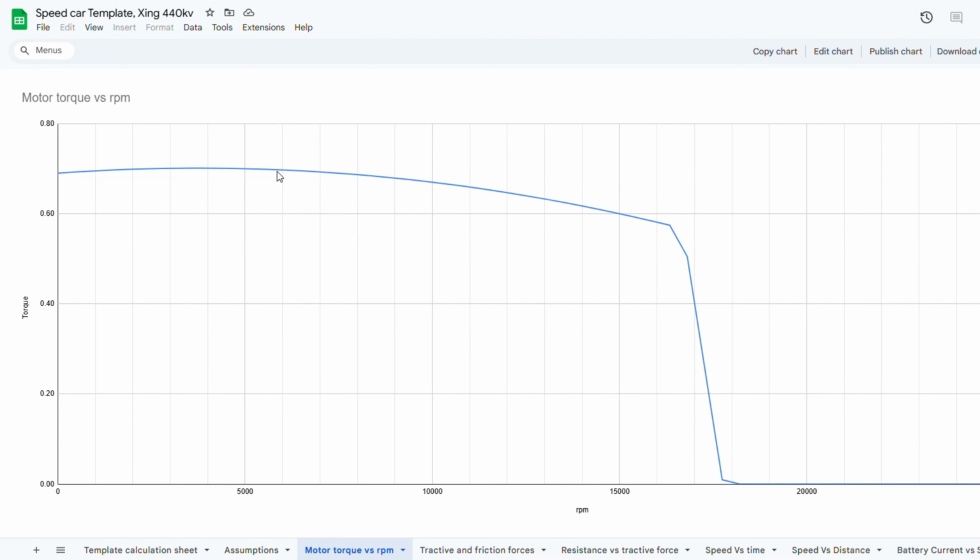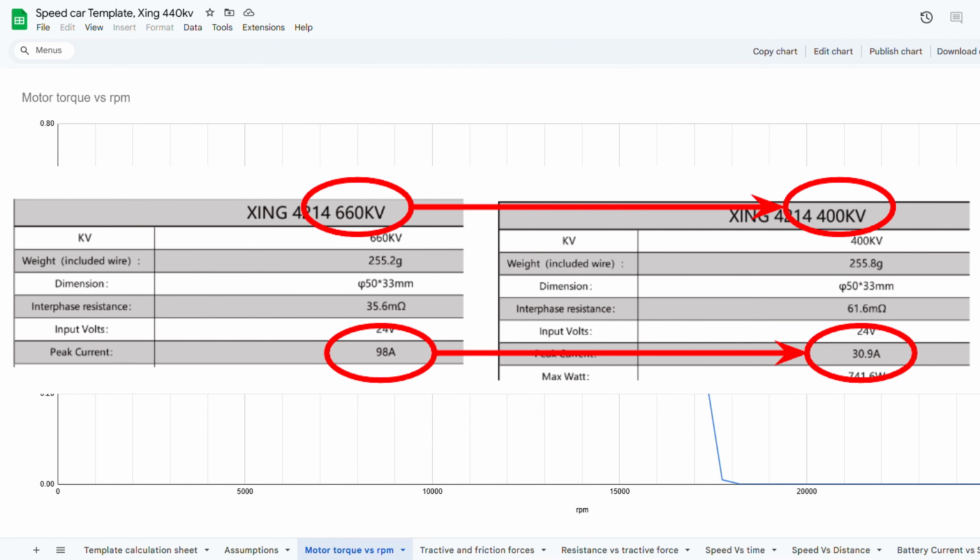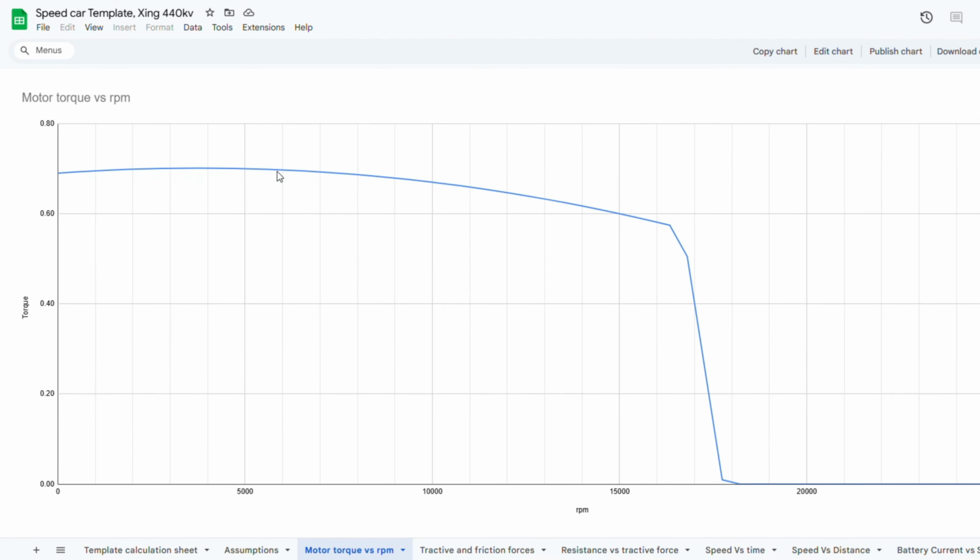You're probably wondering why that is, and that is mainly because the maximum current you can push through this motor is less than half of what the high kV motor is. And because of that, in that formula we saw at the start where the torque generated is related to the current, the torque you generate just isn't anything like as good.